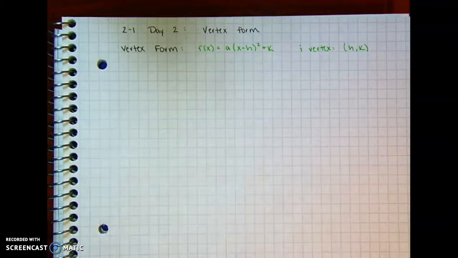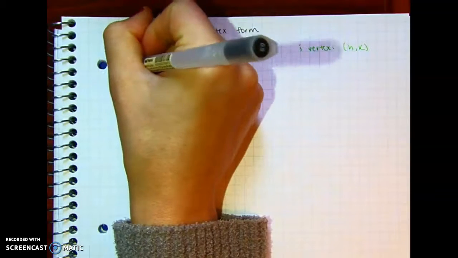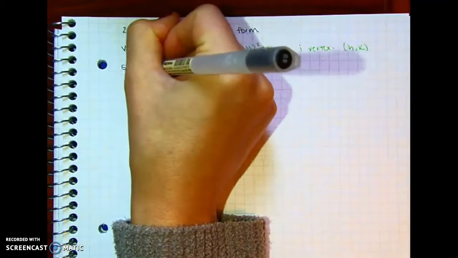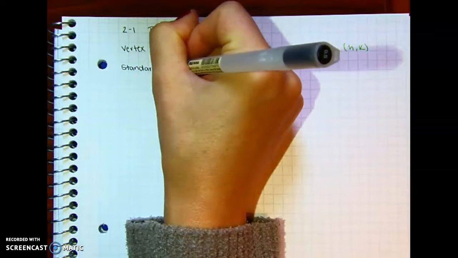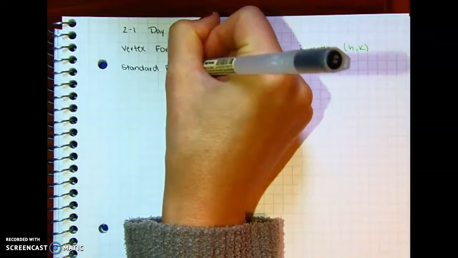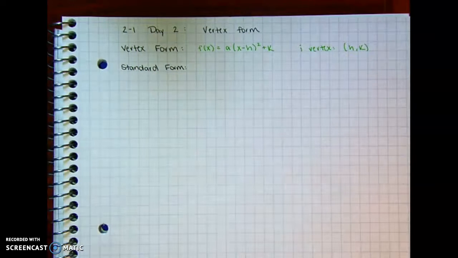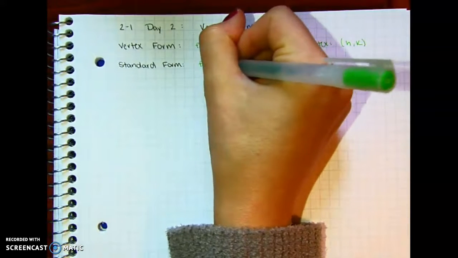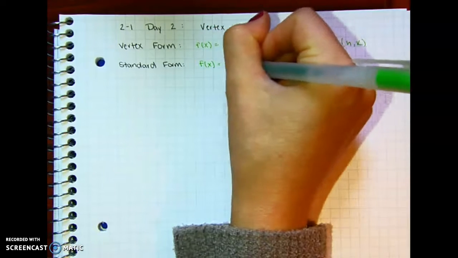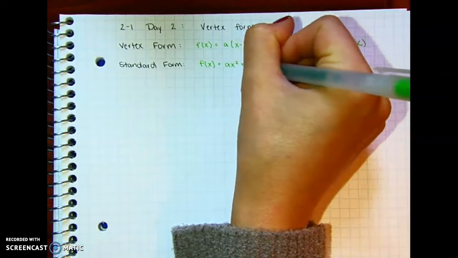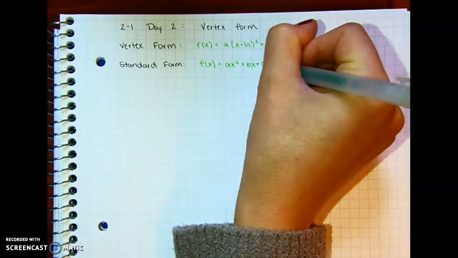Thinking all the way back to Algebra 1, when we talked about quadratics for the first time, you also learned standard form, which is f of x equals ax squared plus bx plus c.